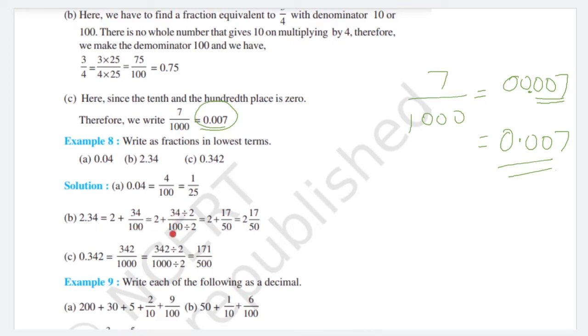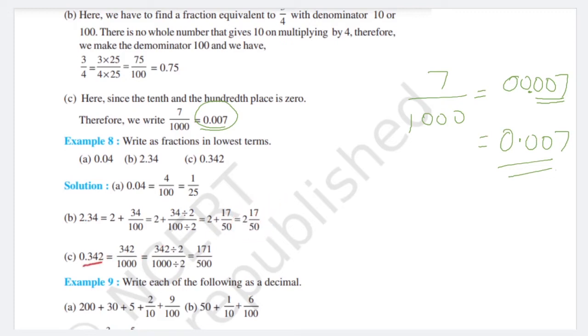This 34 by 100 you are simplifying. So you are dividing by 2 on both numerator and denominator. You will get 34 divided by 2 will be 17, 100 divided by 2 will be 50. This 2 will be placed before. 2 plus 17 by 50, that is 217 by 50. Okay. So this will be the answer.